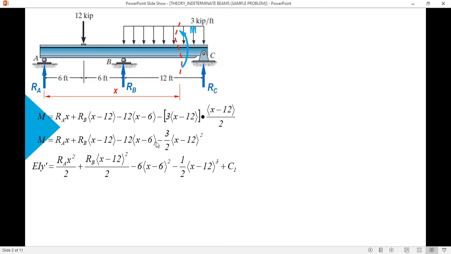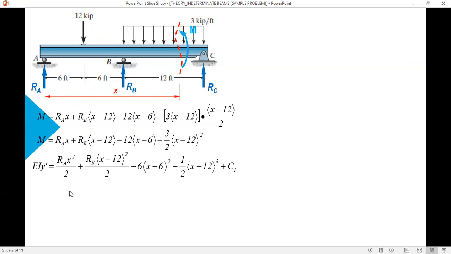Like 12 times (x minus 6) squared over 2, it becomes 6 times (x minus 6) squared. Cube over 3, cancel the 3. What remains is 1/2 times (x minus 12) raised to 3. And then we introduce one constant of integration, C1.